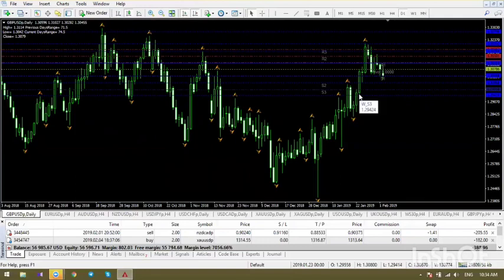The body is very tall in these candlesticks, and unless it is completed inside a pivot, it is a continuation candlestick. So it really matters. This part of the candlestick matters. For example, if the candlestick is completed in this area, you should look for the pivots to see if it's completed in pivots or not.